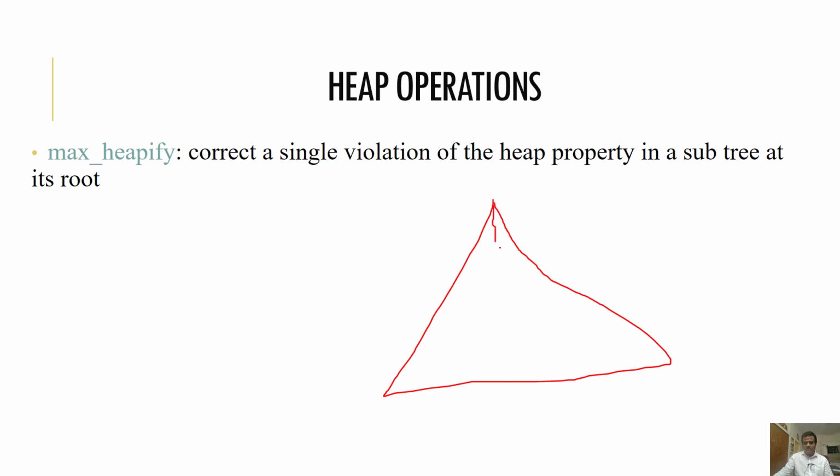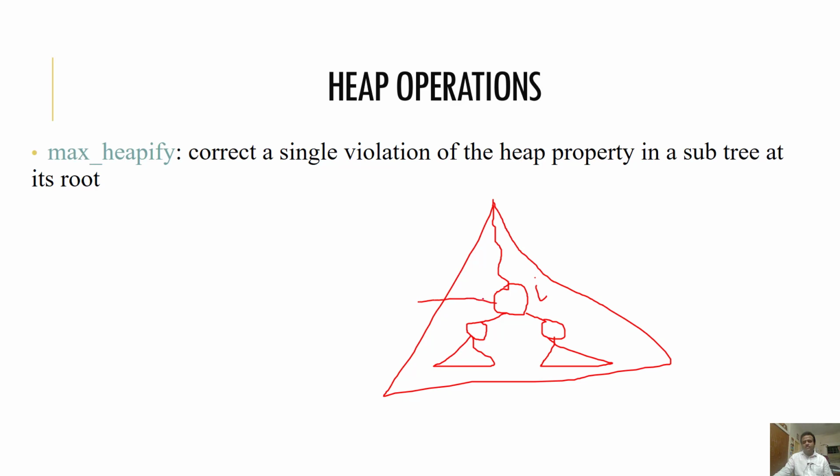Now we have some tree over here, and we have some ith element, and we have the left subtree and right subtree. This is the subarray rooted here, and this is the right subarray rooted here.